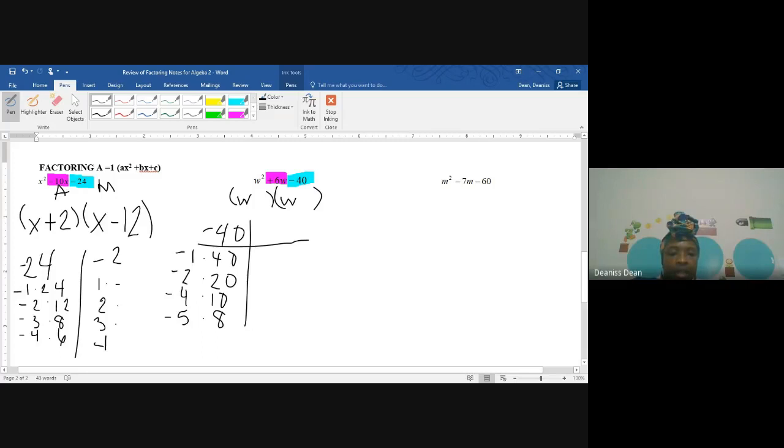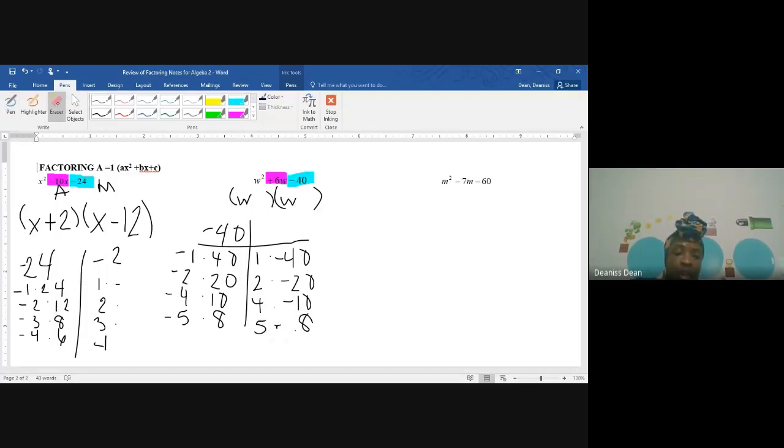And then the reverse of that, so 1 times negative 40, 2 times negative 20, 4 times negative 10, and 5 times negative 8. And y'all, you don't have to list all the factors out. I'm just doing that for you, just as a review if you forgot how to do it. But if you know the factors, you can go ahead and just plug them into the parentheses, okay?